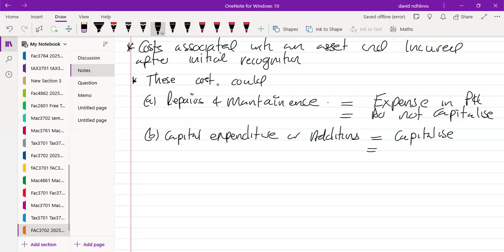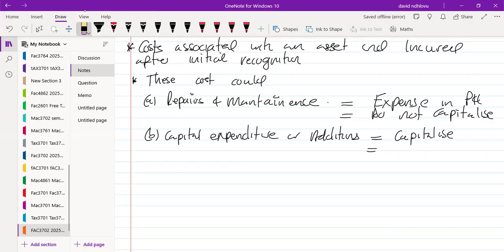Let's say you have a building that you use for admin, and you put movable couches there. You don't capitalize that to the building. But if you place fitted cupboards on that property, it increases value. So it's an addition to the property and you must capitalize.